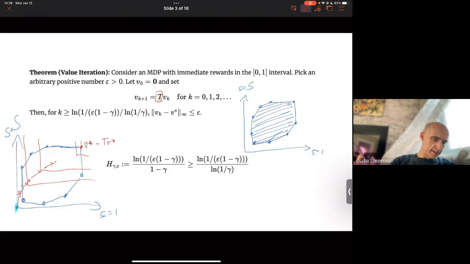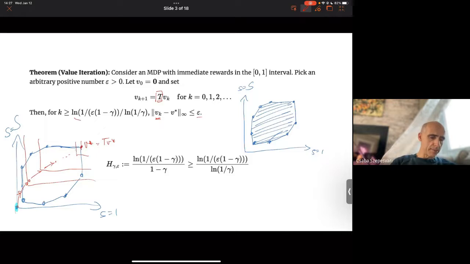And so you do this, and then you can calculate quite easily how long it takes to arrive at some function v_k such that it's at most within an epsilon distance of V star in the maximum norm.